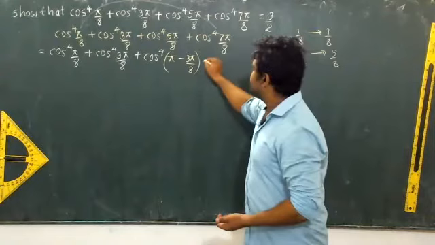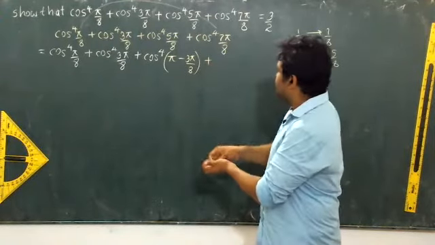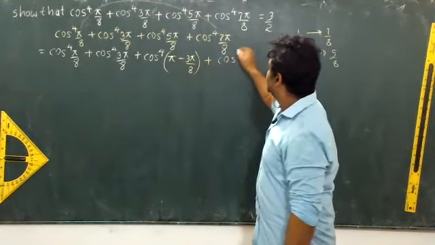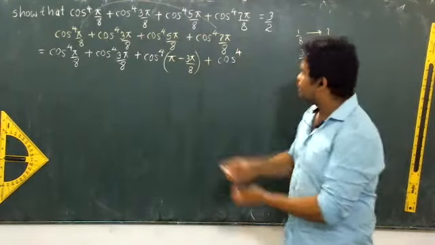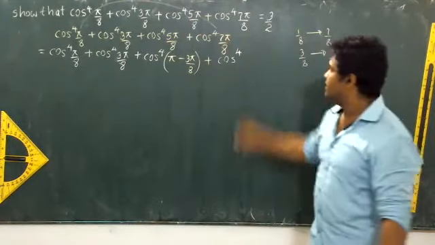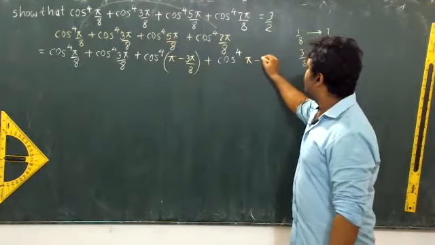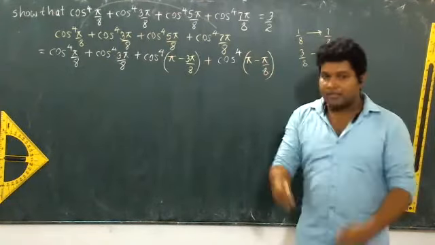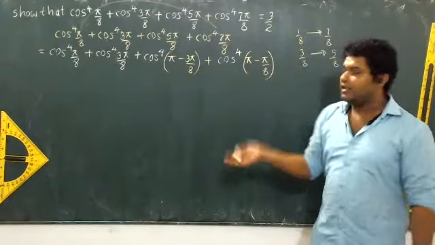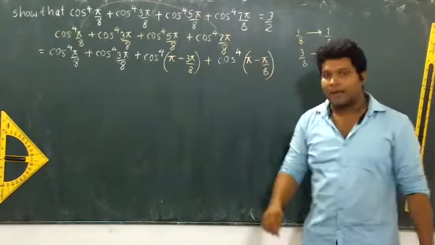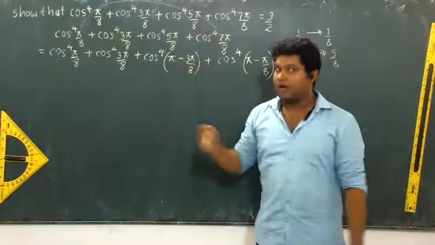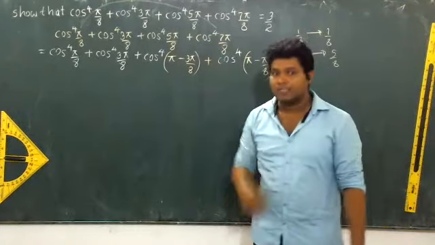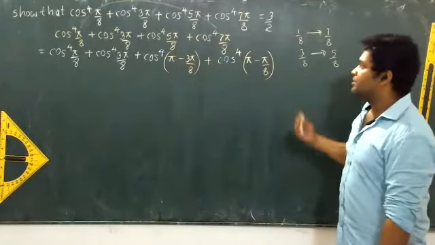And plus cos⁴, instead of this 7π/8, I can write π minus π/8. Because when you subtract 1/8 from 1, the inverse fraction 7/8 comes. When you subtract 3/8 from 1, the inverse fraction 5/8 comes. That is a property.